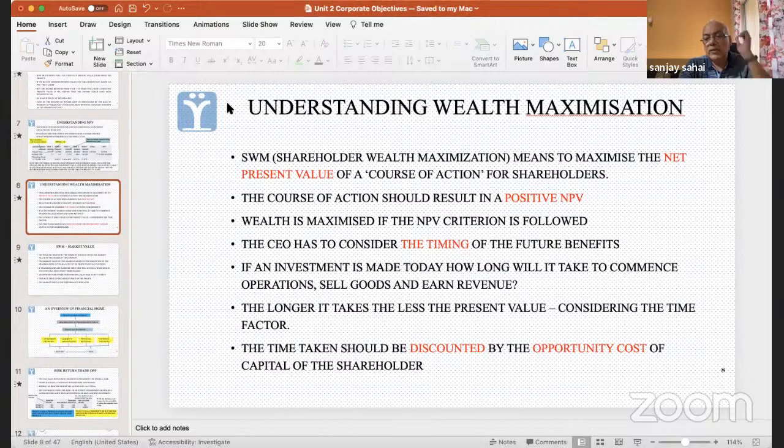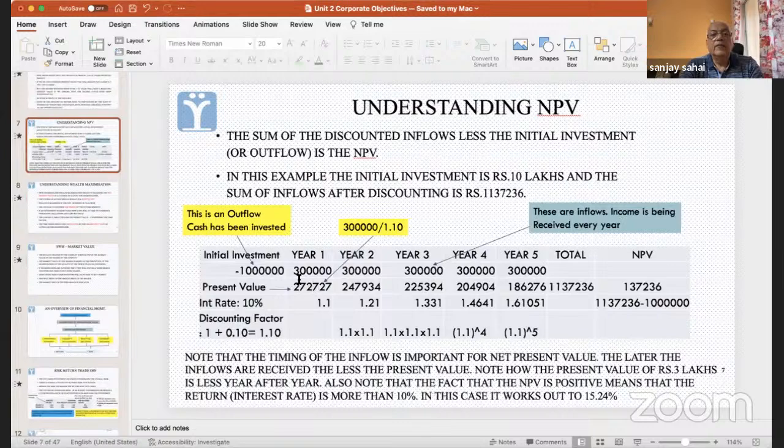So just to show you that again, look at the difference here. 5 years. The first 3 lakhs was 2,72,000 present value. After 3 years, it is 2,25,000. So let's say you are beginning here. The first return you are getting is in year 3.